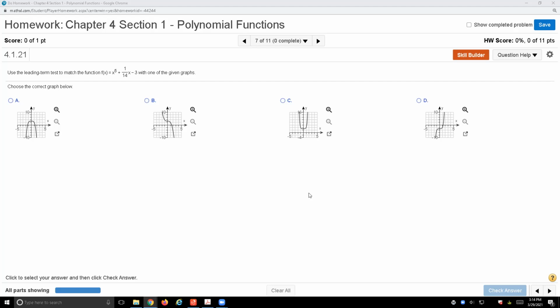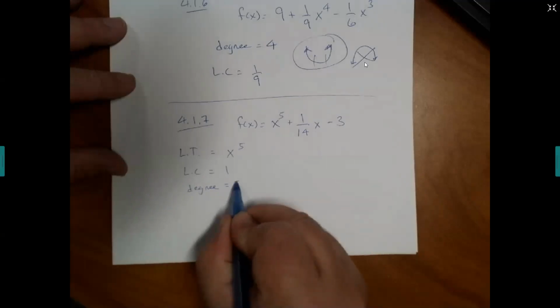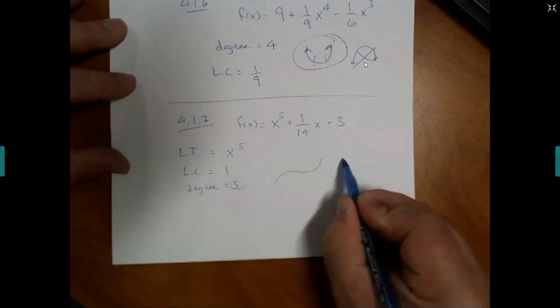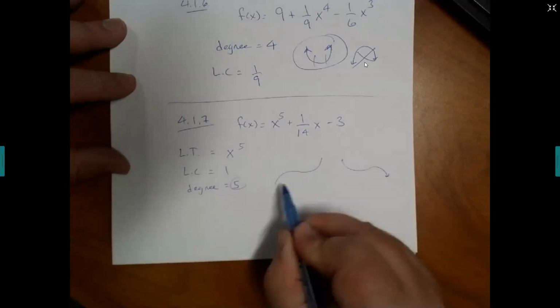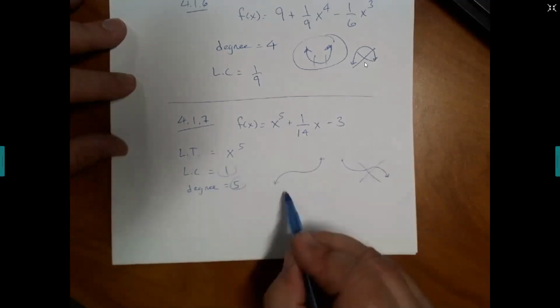Okay, so the leading term is x to the 5th, right? Leading coefficient is 1. It's positive. The degree is 5, so it's odd. So it's either going to look like this or like this. Since it's positive, it'll look like this.